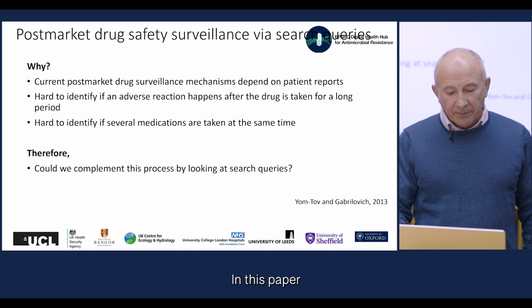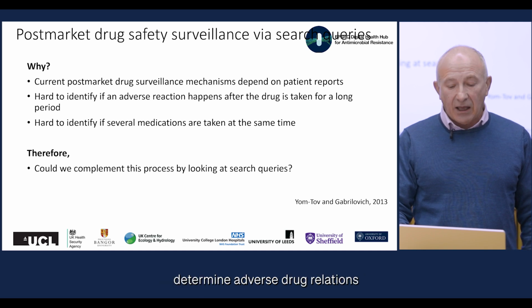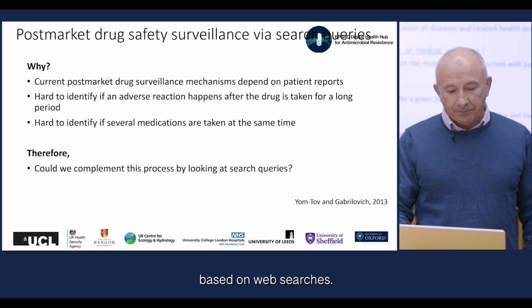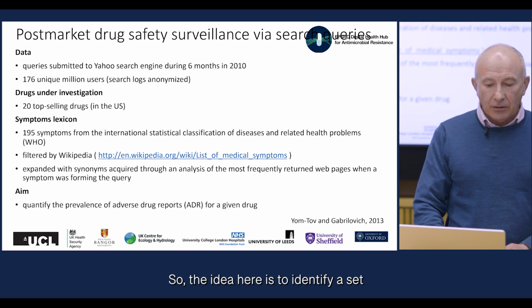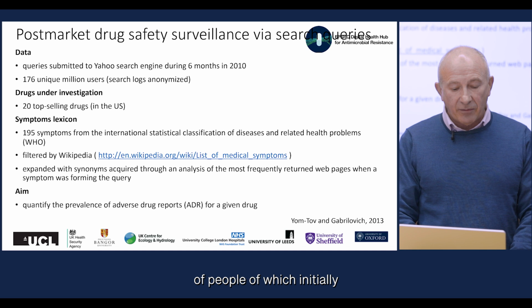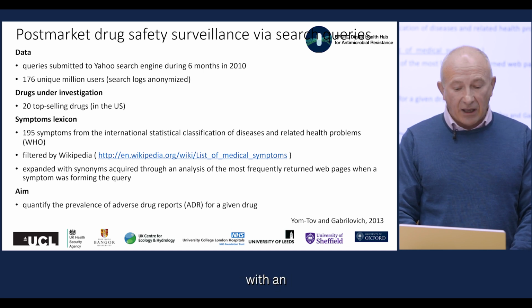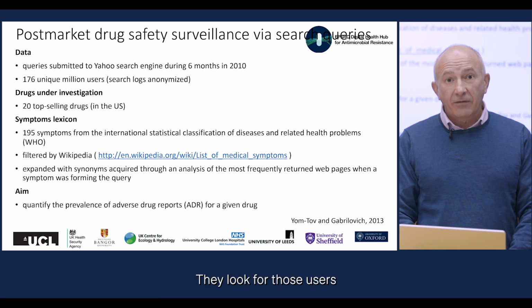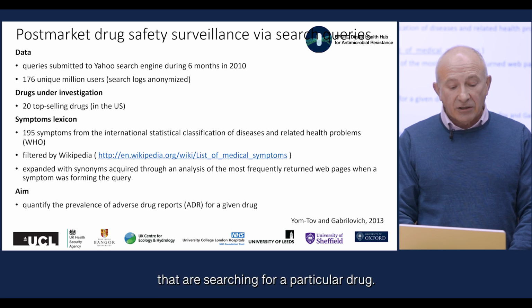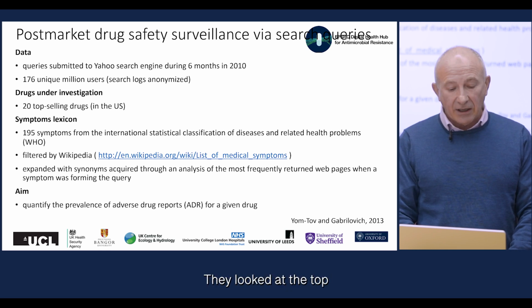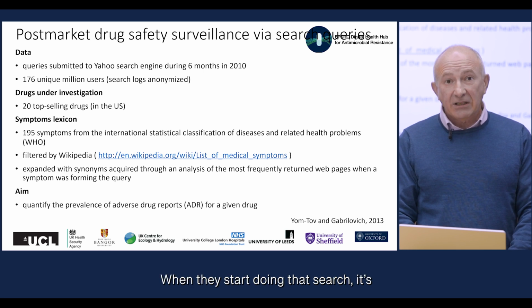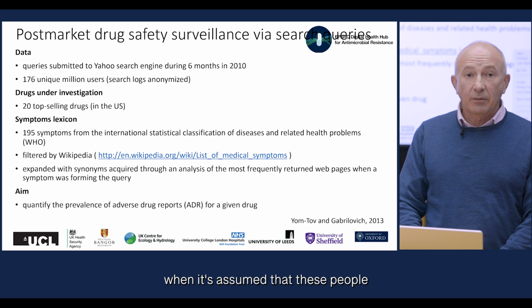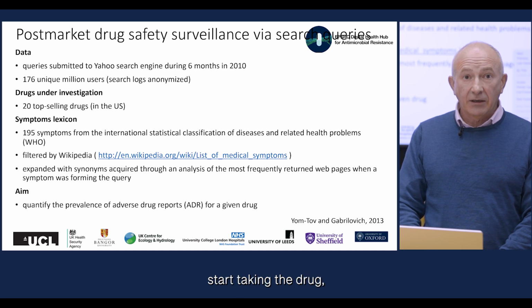In this paper, there was an effort to see if they could determine adverse drug reactions based on web searches. So the idea here is to identify a set of people, of which initially they start with an anonymized set of 176 million users. They look for those users that are searching for a particular drug. They looked at the top 20 selling drugs in the US. When they start doing that search is when it's assumed that these people start taking the drug.